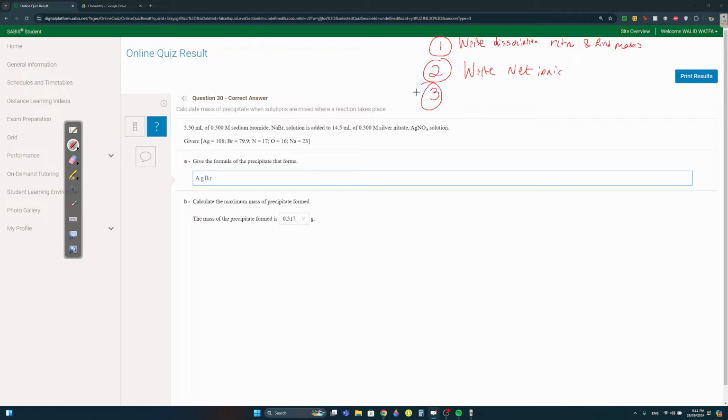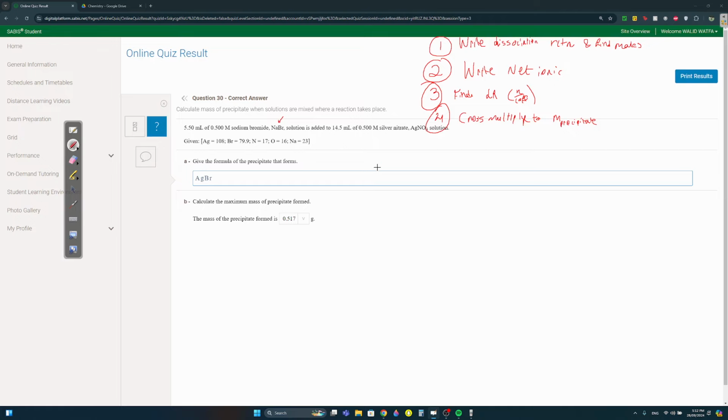After you write the net ionic, you're going to find the limiting by doing n over coefficient. And the last one, after you find the limiting, cross multiply to find m of precipitate.